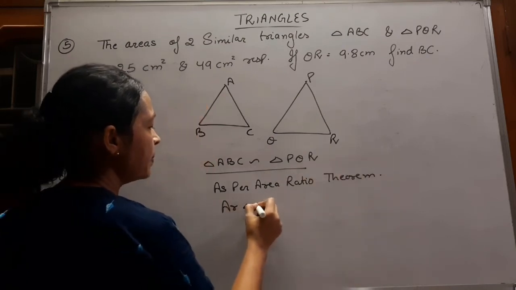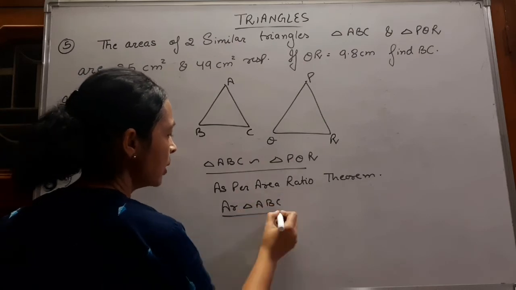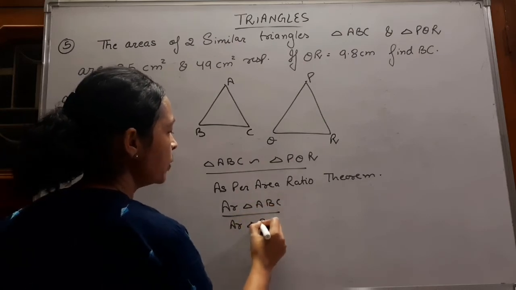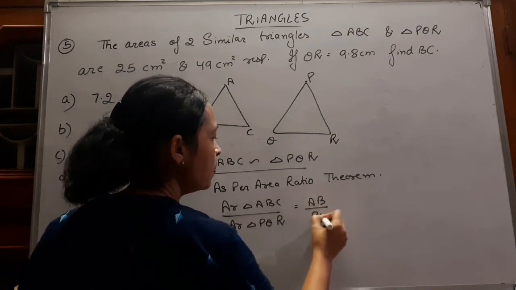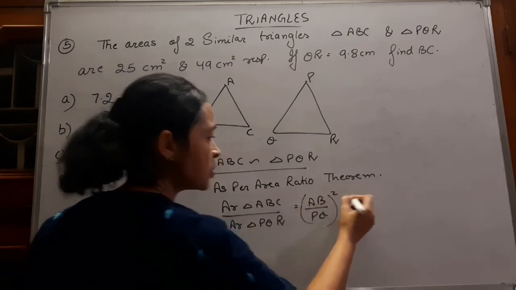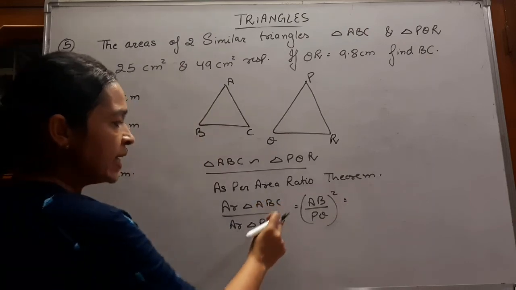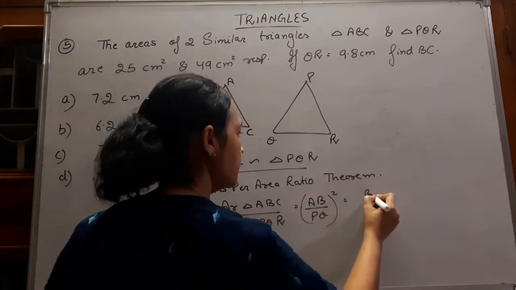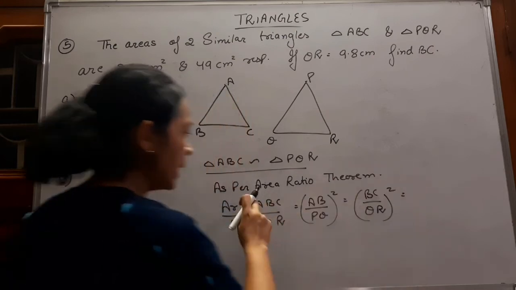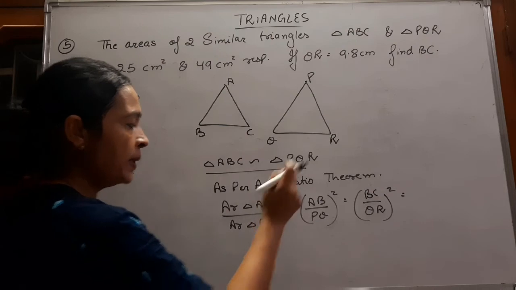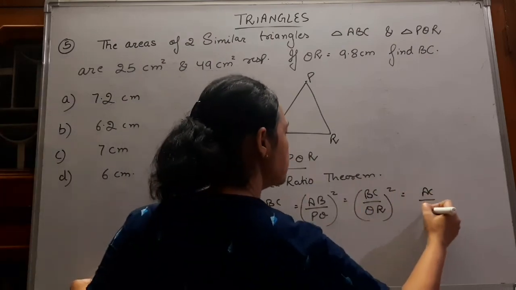area of triangle ABC upon area of triangle PQR is equal to AB upon PQ whole square, corresponding sides, BC upon QR whole square, equal to AC upon PR whole square.